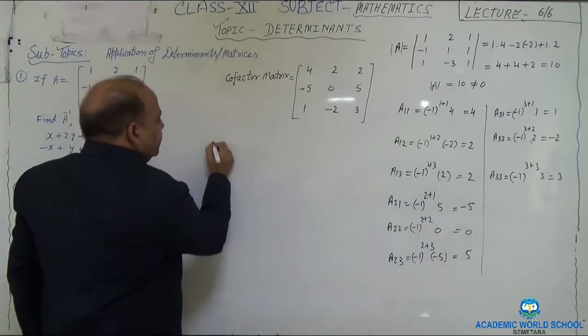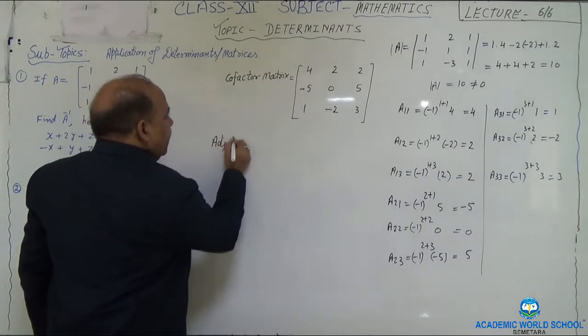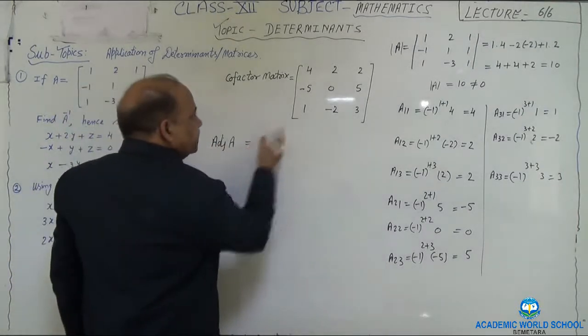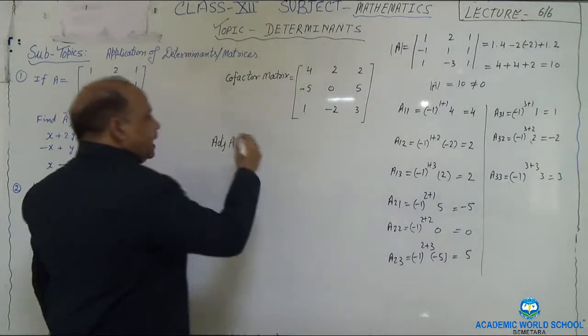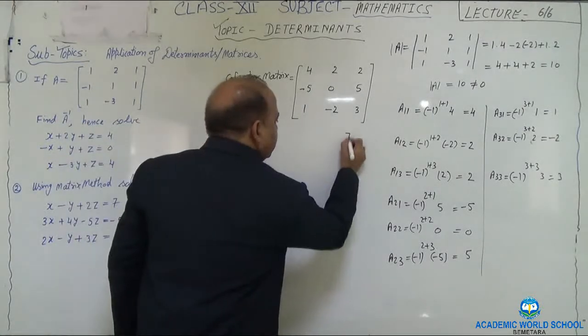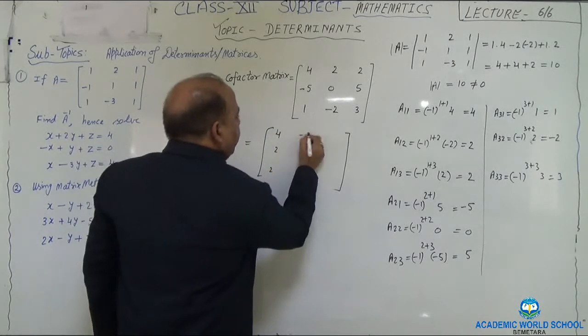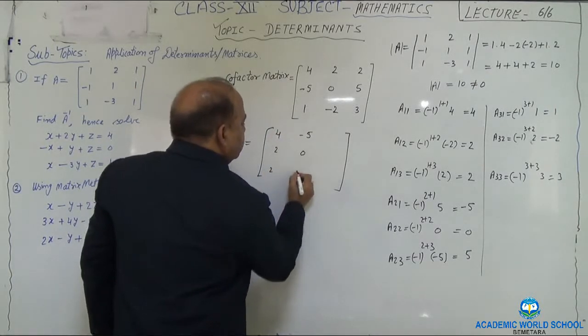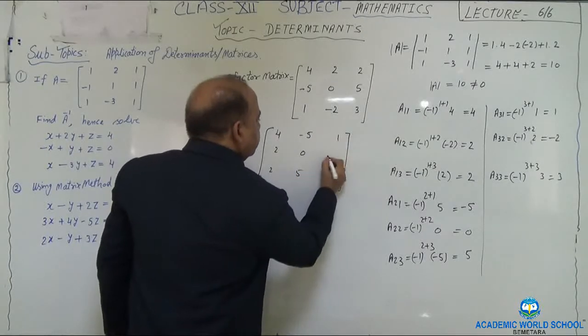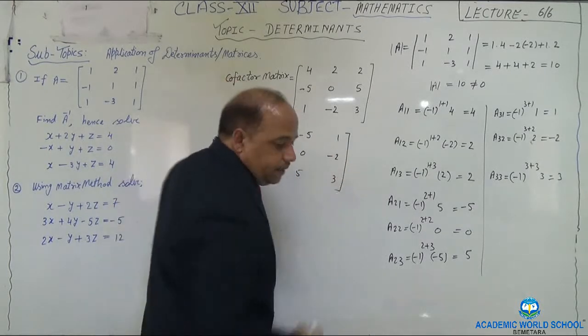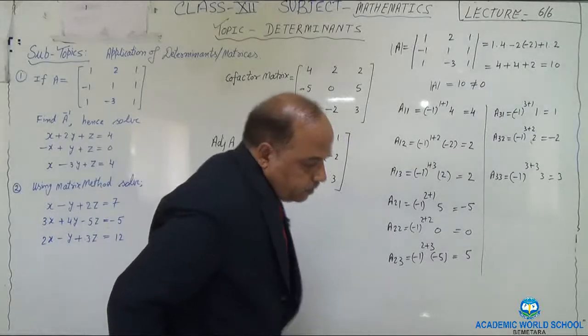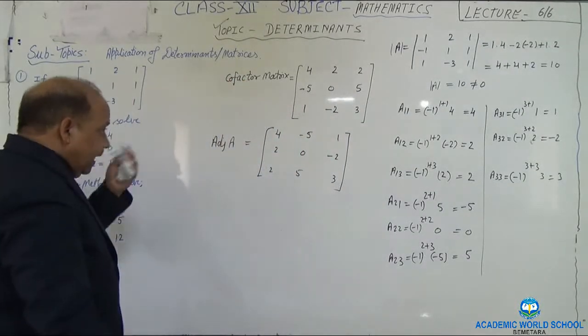What will be adjoint? Adjoint of this matrix A is nothing but transpose of this. So take the transpose of this. If I take the transpose, it will become 4, 2, 2, minus 5, 0, 5, 1, minus 2, and then 3. So this is what we have got.